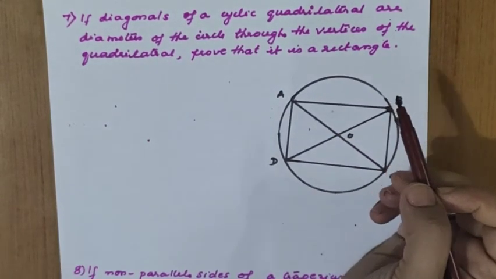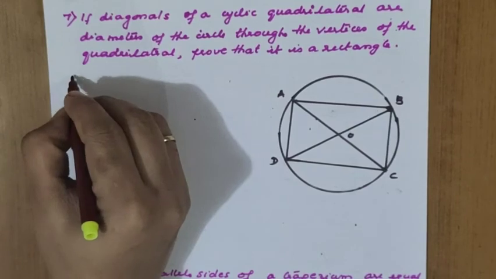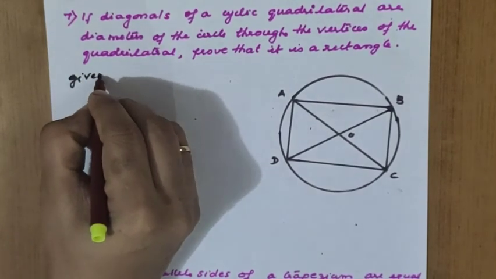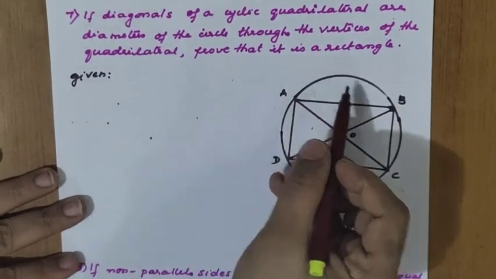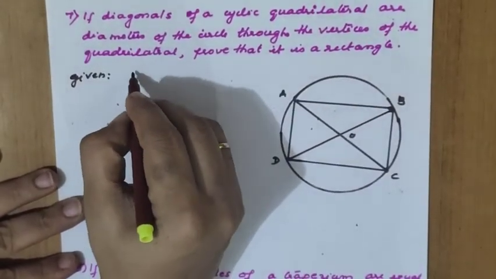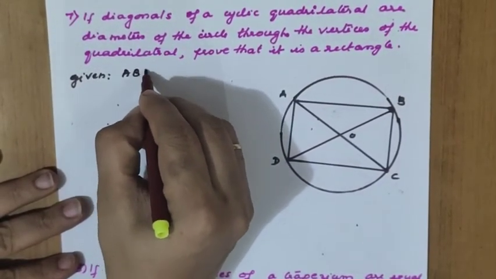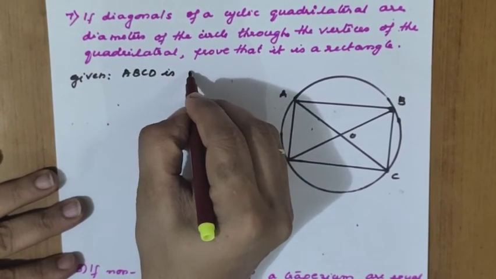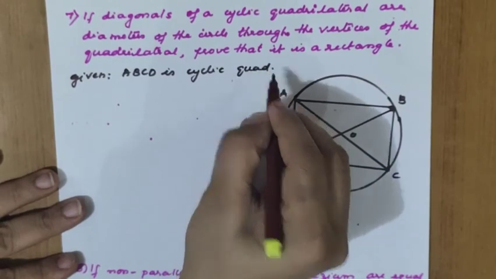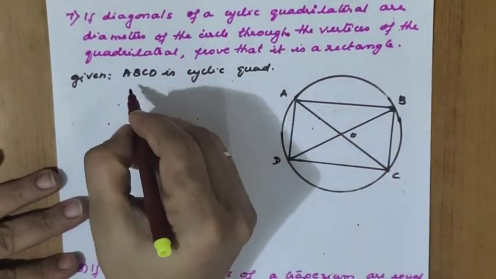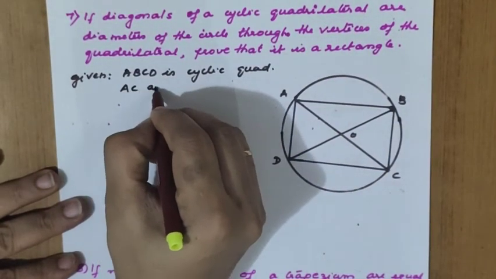Now what is given in the question? We have to prove that it is a rectangle. What is given? ABCD is a cyclic quadrilateral. AC and BD are diameters of the circle.